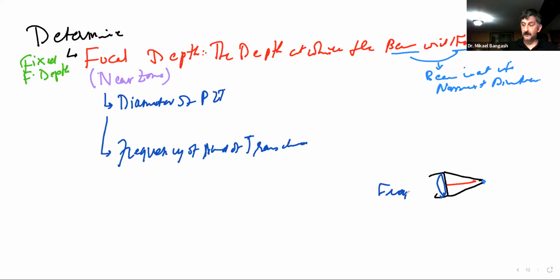So pretty much what the next couple of pages talk about is how focal depth is related to the diameter of the PCT and the frequency. But the main thing that you need to remember is this relationship here. It is directly proportional for both of them.